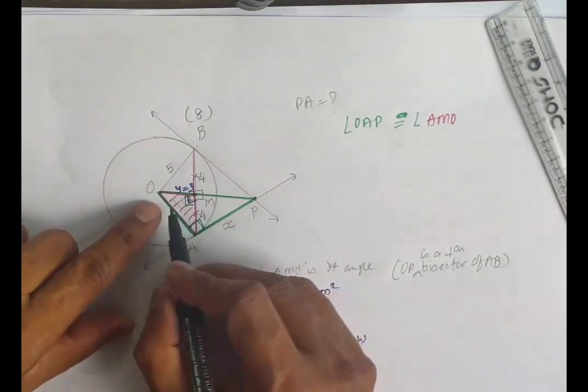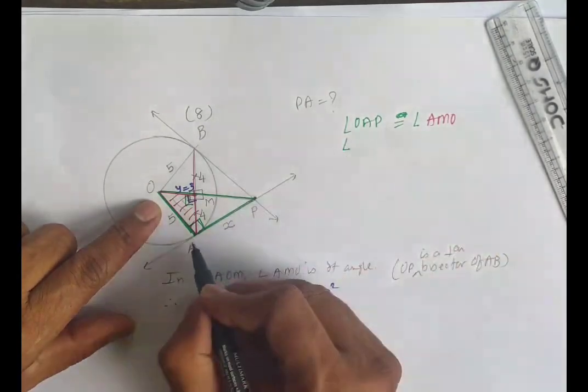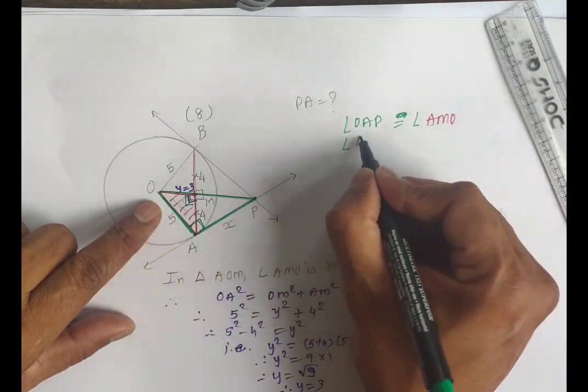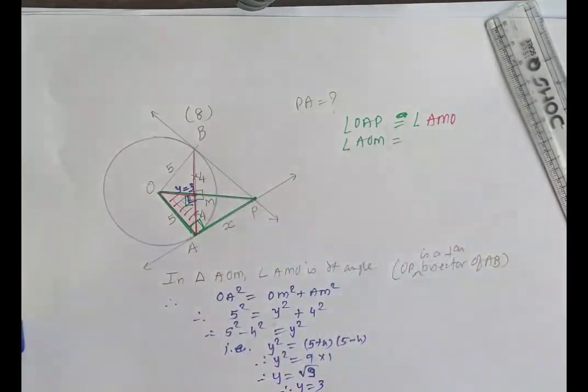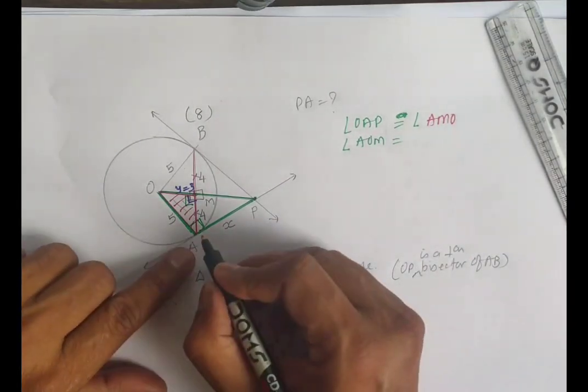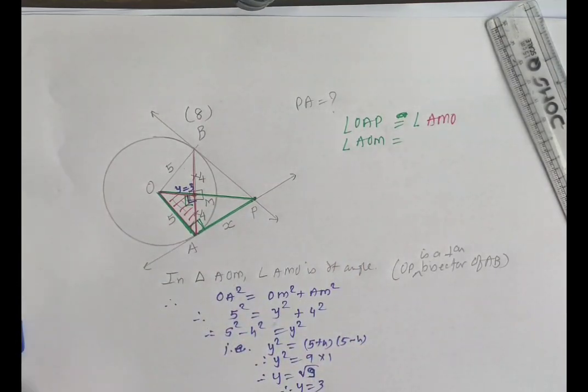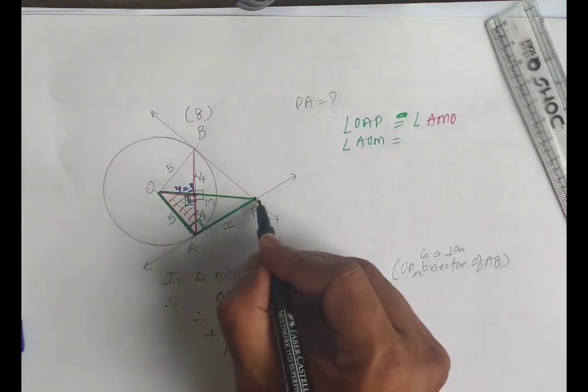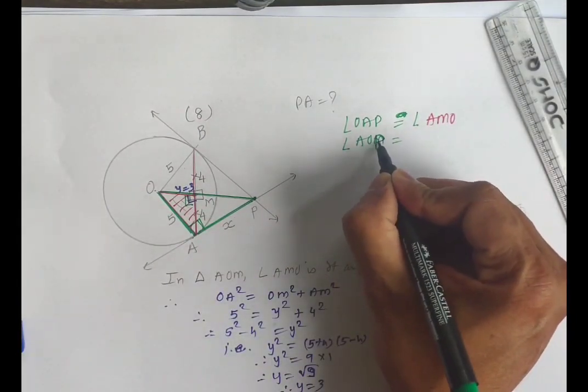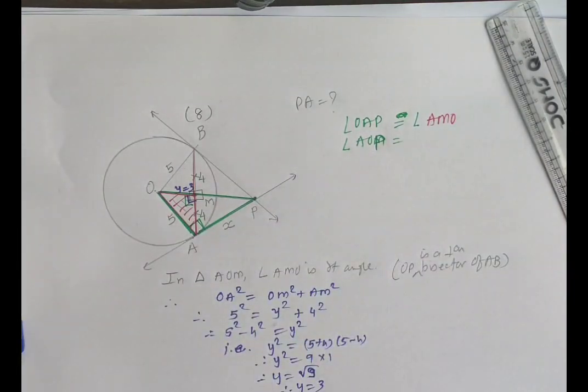Then the green angle and red angle are common. Can you see? Green angle AOM is equal to the red angle. The green angle is AOP and the red angle is AOM.